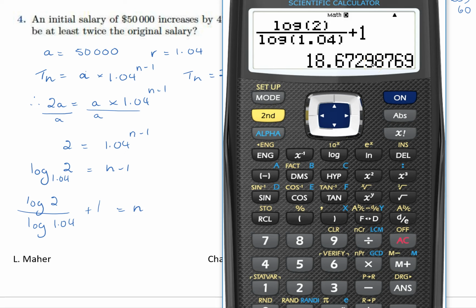Well, let's give some meaning to this number. This number is unrealistic because it's referring to the number of terms. Now, the number of terms has to be either 18 or 19.